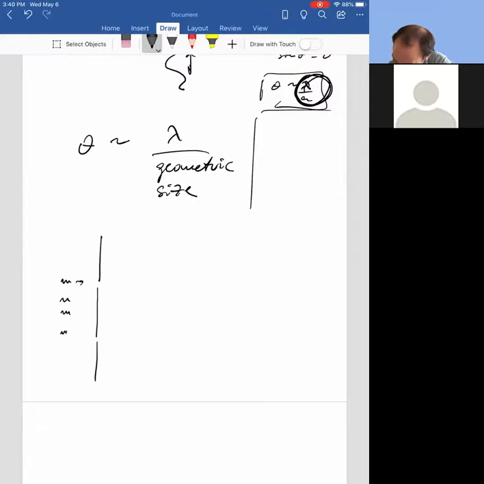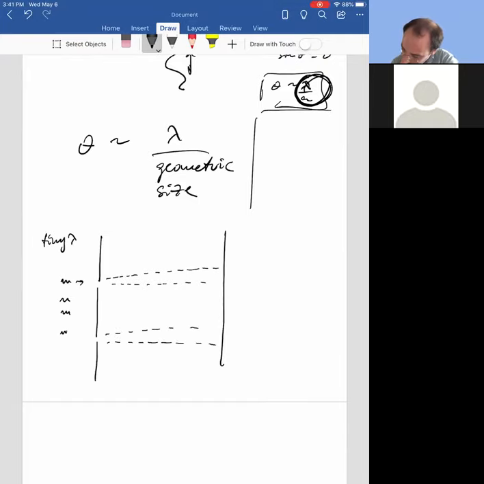or waves of, so this is tiny lambda, tiny in comparison to aperture sizes, slit separations, all that. And you place a screen, and you get hardly any spread out.